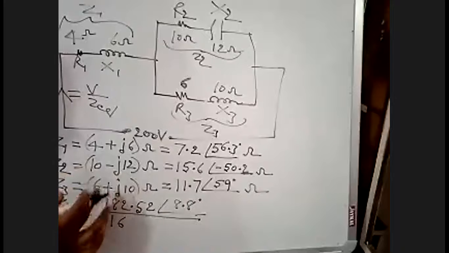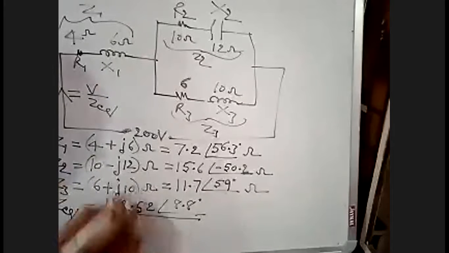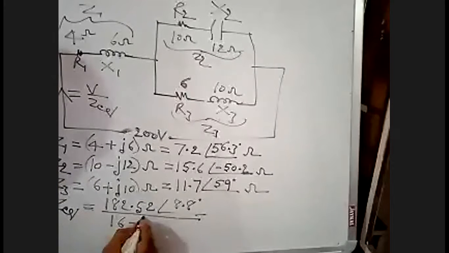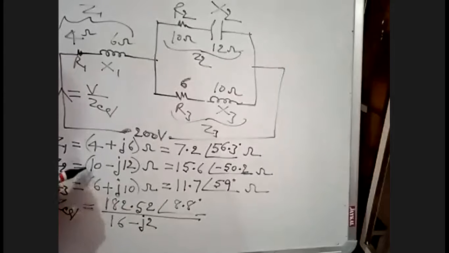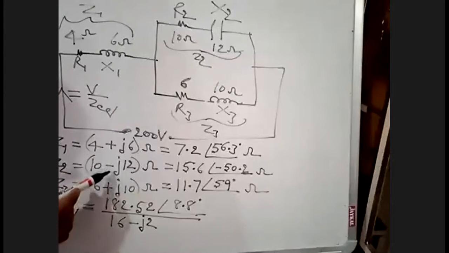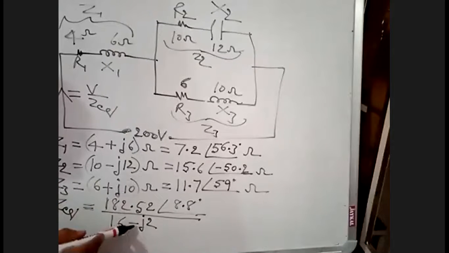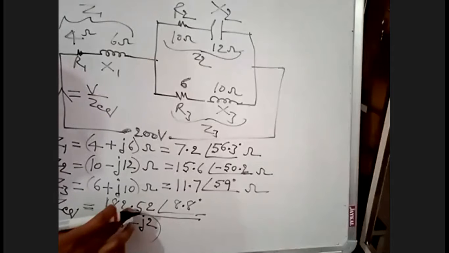10 plus 6, 16. Minus J12 plus J10. In addition, we take the rectangle form. Add the real parts: 10 plus 6 is 16. Minus J12 plus J10 is minus J2. Now convert this to polar form, because the numerator is in polar form.